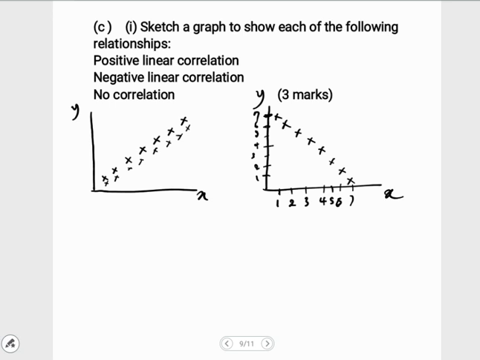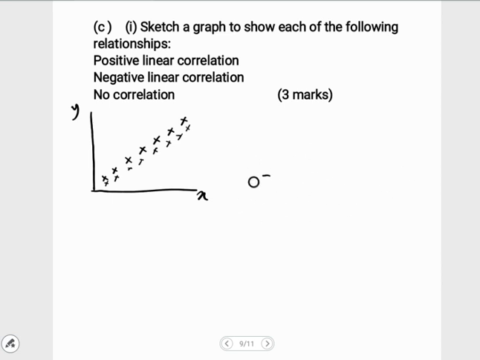Maybe I should use like 3-4 points to make everything so clear here. You can have as many points as you like if you're going to draw your own graph.